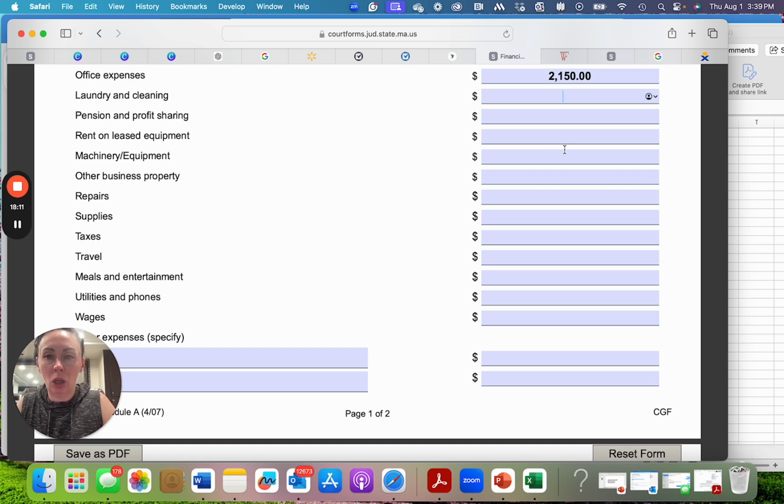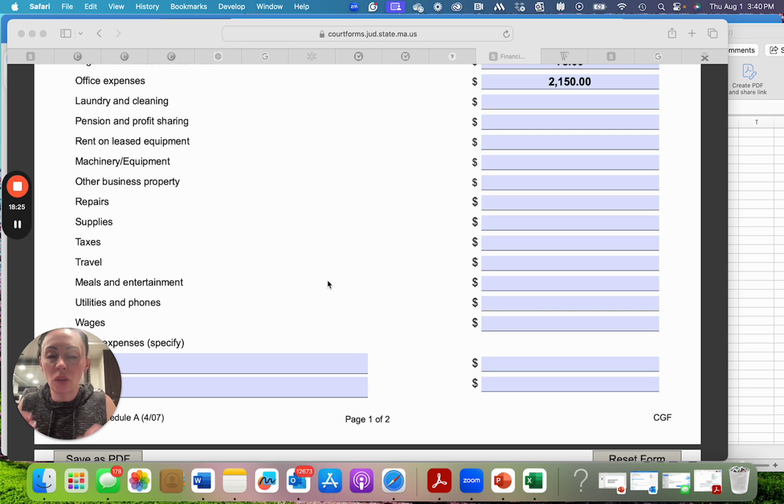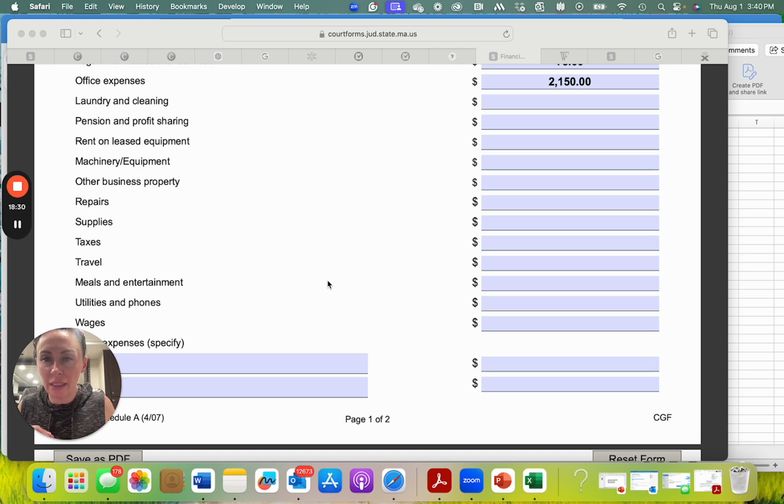Laundry and cleaning. This is what you might spend for washing, laundering, cleaning supplies, maybe different things that you have in the bathroom.